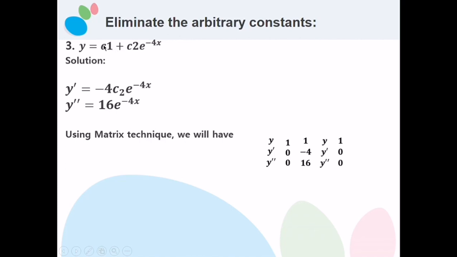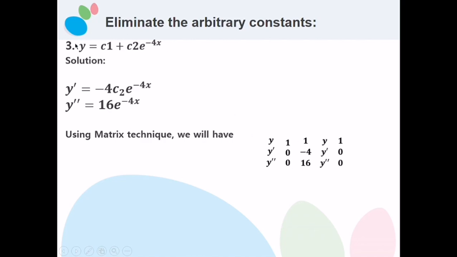What will be the coefficient of the c sub 1? Here it is 1. In our second equation, I mean the first derivative, we have no c sub 1, so we will put 0. And the same with the second derivative, this is 0.